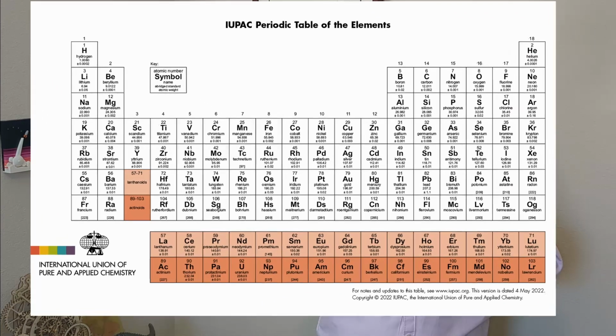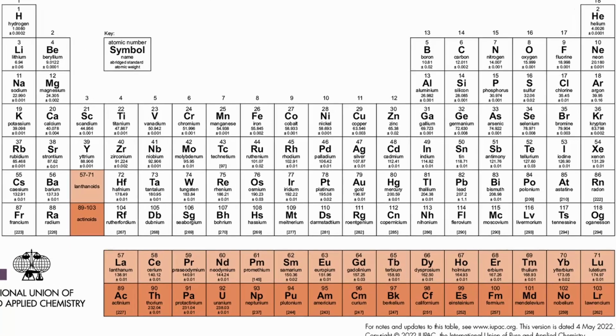So if you think about the second row of the periodic table, there is one 2s orbital and three 2p orbitals. And those four orbitals can each hold two electrons for a total of 8 electrons, hence the octet rule, trying to get 8 valence electrons around an atom.